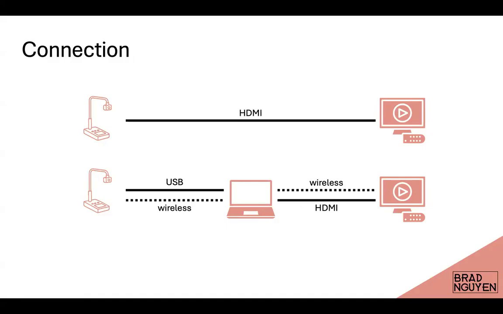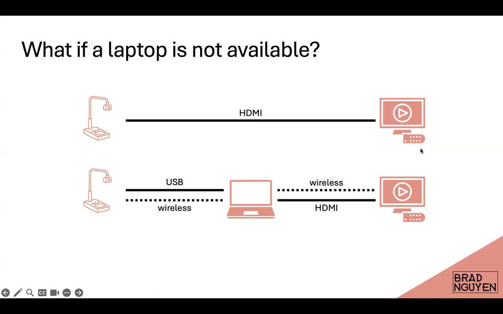Now, the reason why I think that the connection is important is because sometimes these problems crop up. So what if a laptop is not available? Okay, and this is often a problem, for example, if a teacher is sick and you've got a CRT and the CRT doesn't have a laptop, so the CRT is supposed to be teaching a lesson without a laptop, right?